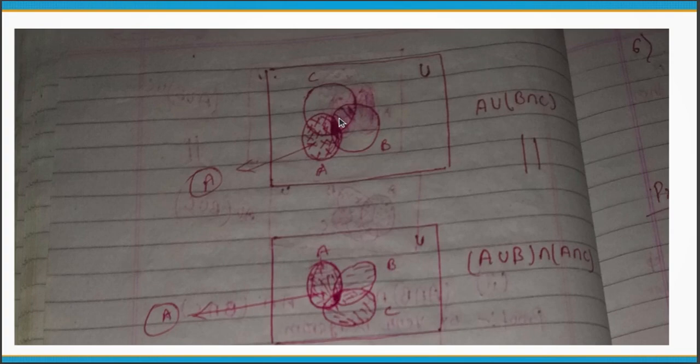This is the element of set A and this is the B intersection C part, means A plus B intersection C part.